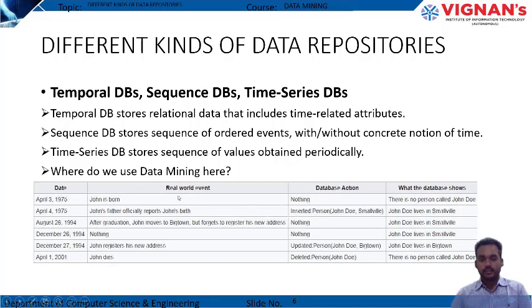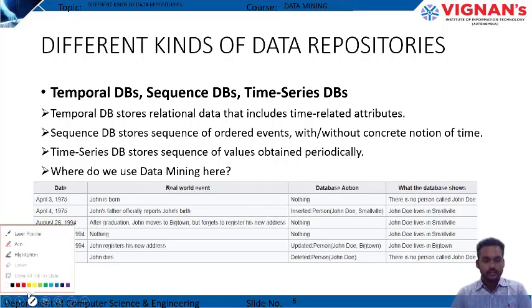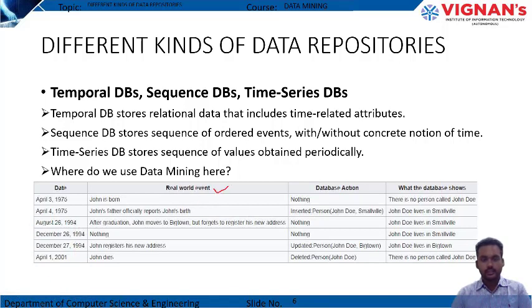This attribute shows all the events that have happened in John's life. Initially there was no John, and then nothing special happened except that he was living in a town called Smallville, and then he moved to another town called Big Town, and finally when he passed away there is no person called John. That's what the database is recording.